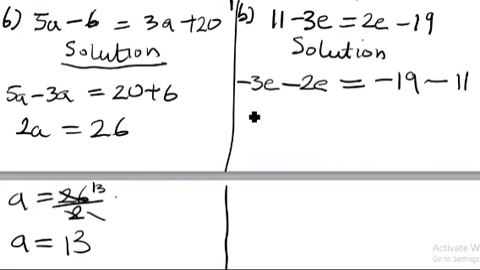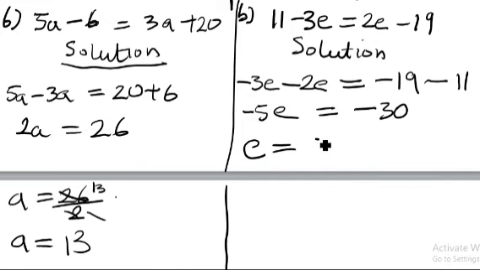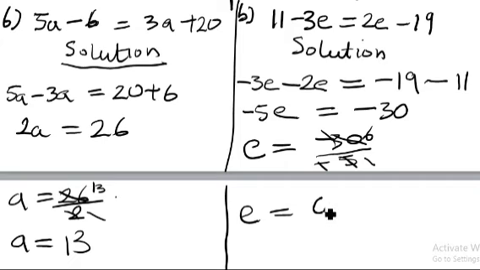This will give you minus 5e equal to minus 30. e equal to minus 30 over minus 5. We cancel the minus, 5 here 1, 5 here 6. e is equal to 6. That's for example 6.